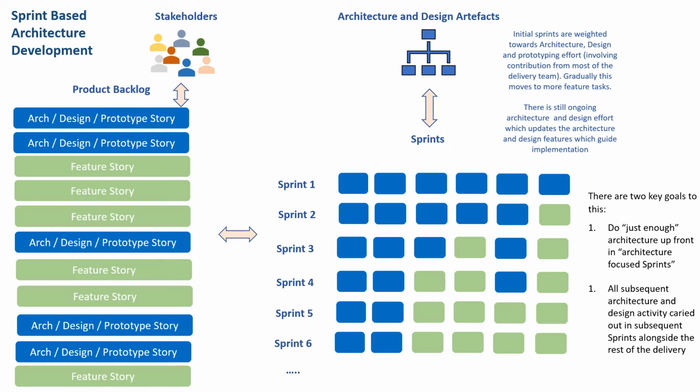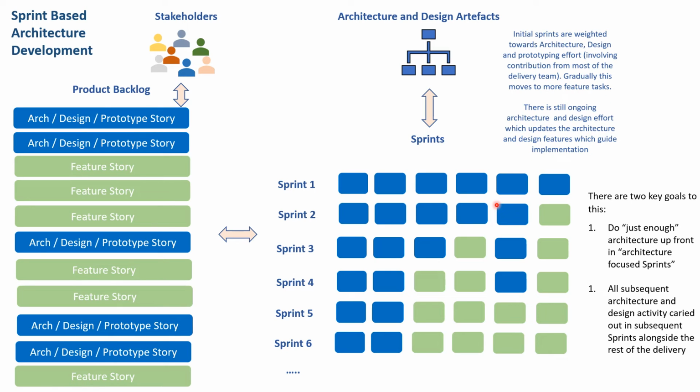There are lots of different takes on this, and in the book I outline the concept of sprint-based architecture development, where, as a solution architect, you will be part of the sprints. You do not work outside the Agile delivery methods, be it Scrum, variants of Scrum, or SAFe.